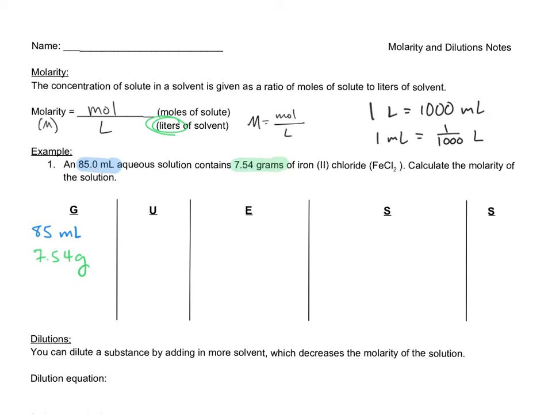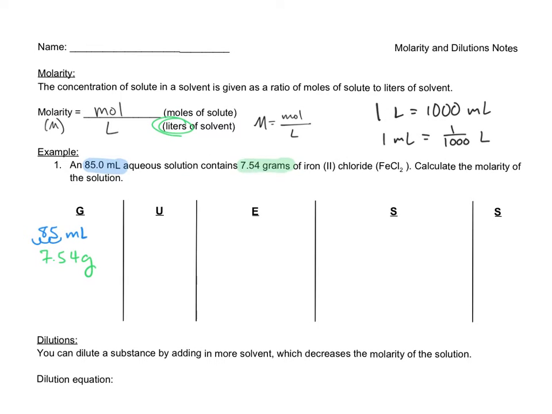So we have to do 85 divided by 1,000 to get our liters. To divide by 1,000, you just move the decimal place 3 times: 1, 2, 3, and fill in our decimal with the 0. So you get 0.085, and that's not going to be milliliters anymore. It's going to be liters.